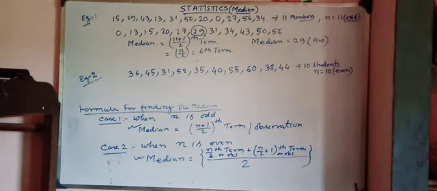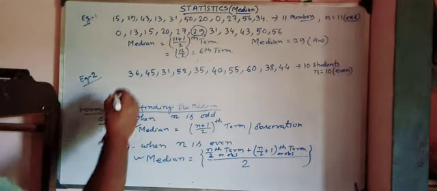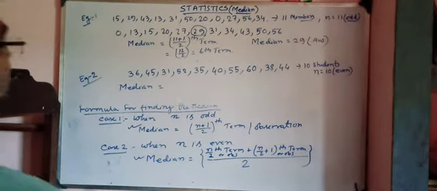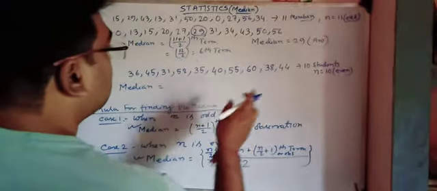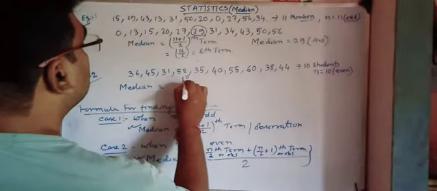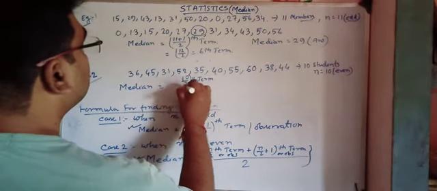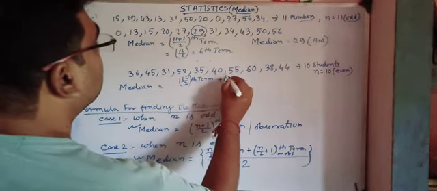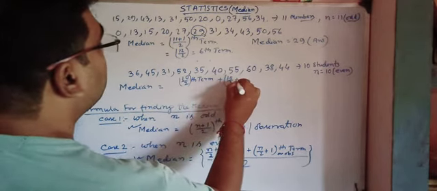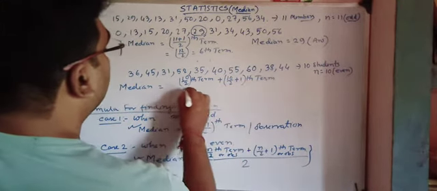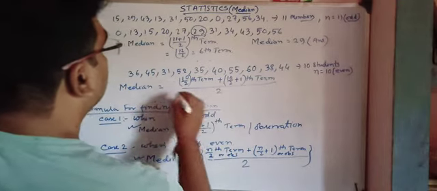So the median is equal to the 10 by 2 th term plus the 10 by 2 plus 1 th term, divided by 2.